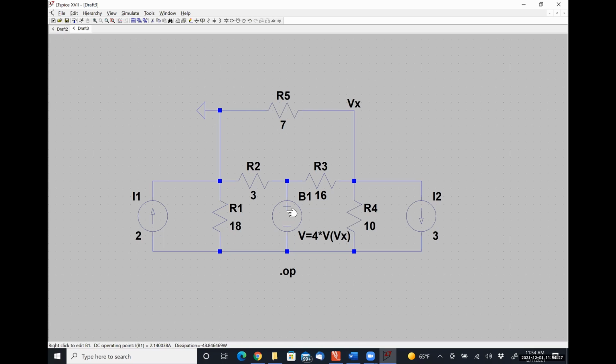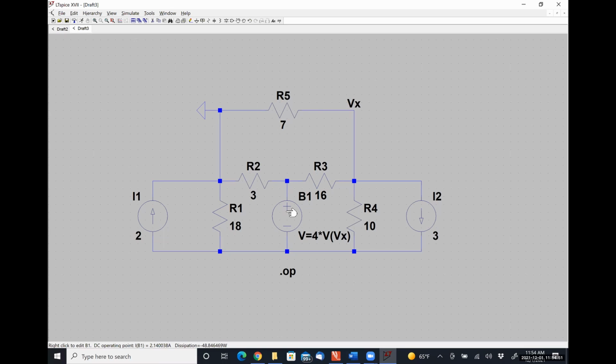So our simulation gives us the exact same results as our analytical solution. So this is a fantastic way for us to check our work. I fully expect you guys to use this to check your work for your homework assignments and all that kind of stuff. There's practically no reason for any of you to not make 100 on any of the assignments if you understand how to use LTSpice.